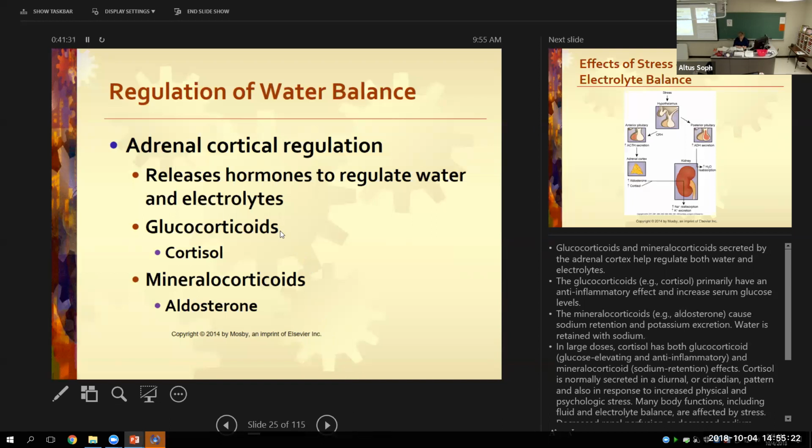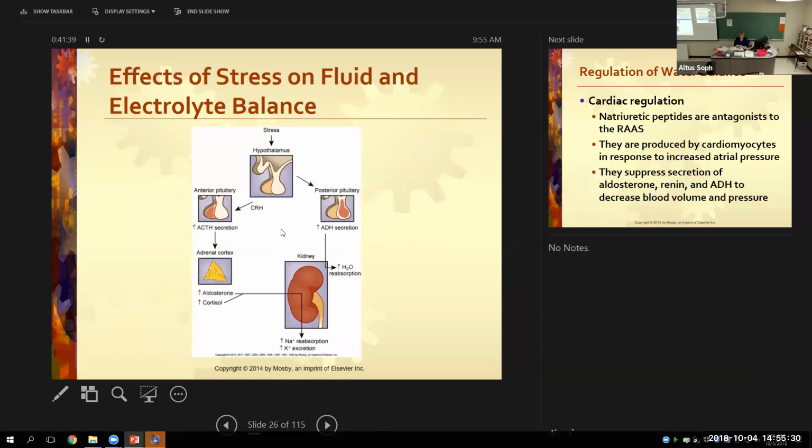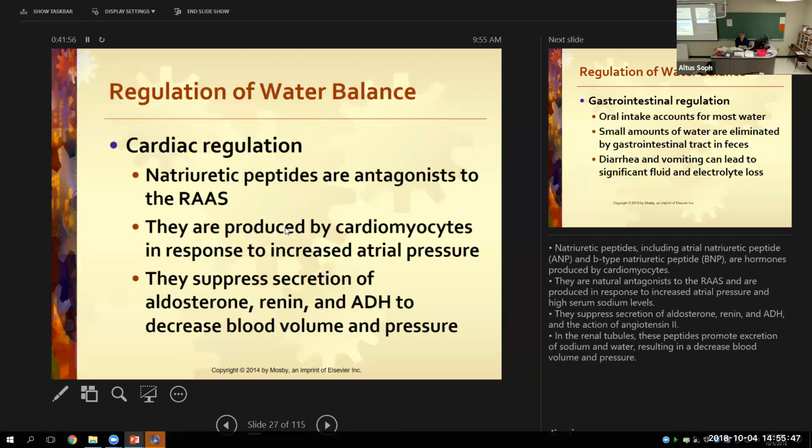You have your mineralocorticoids. Your main one there is aldosterone. That definitely has a major role in our fluid balance. In fact, spironolactone, I think it's a drug that you can give, sometimes kind of like a diuretic, but it has its effect in that area. So I'm not going to go too much into this, just make sure you understand in general that there are so many body systems that balance it.